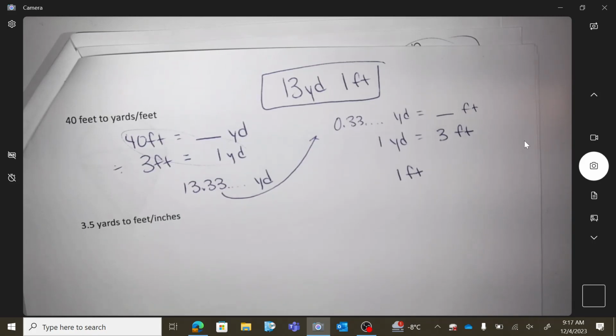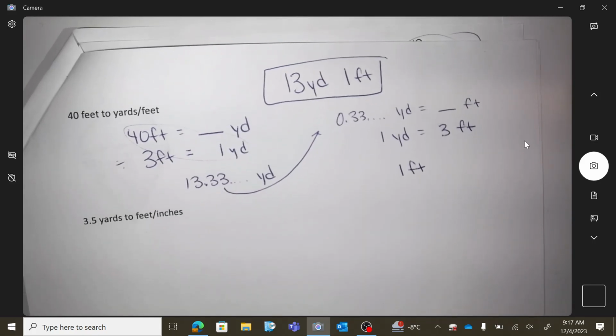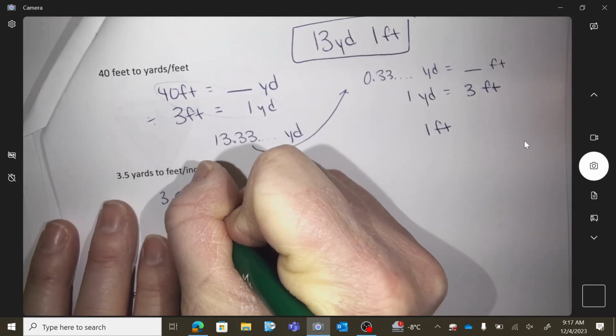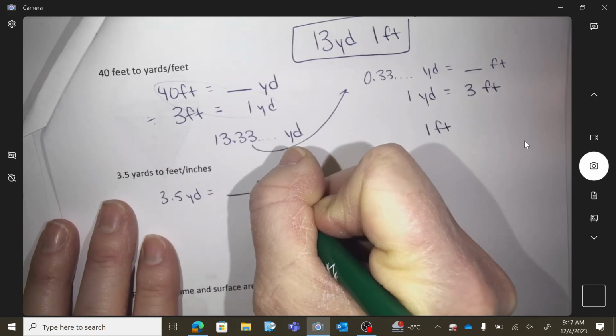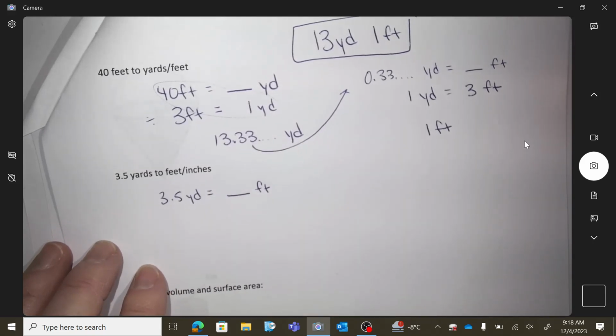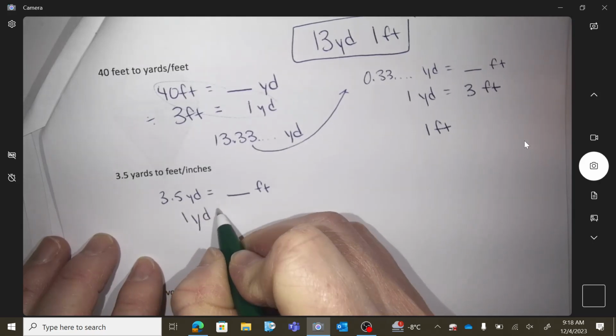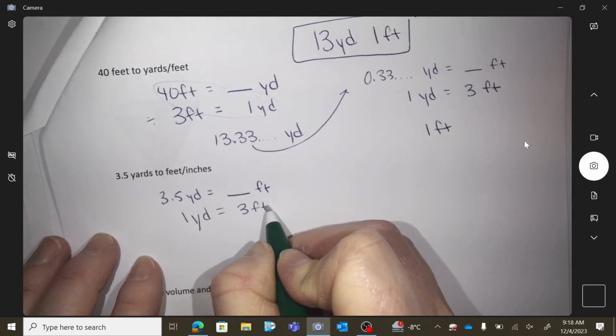Okay, so now yards to feet and inches. So 3.5 yards is how many feet? 1 yard equals 3 feet.